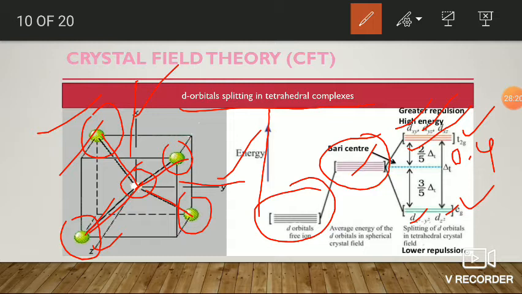But in the case of Eg orbitals, each Eg orbital gets minus 0.6 delta T. Here the Eg orbitals are obtained due to less repulsion, and the T2g orbitals are due to higher or greater repulsion. Okay, fine.